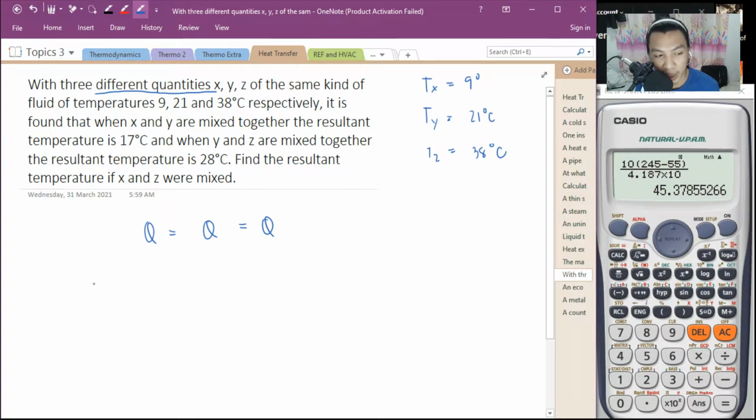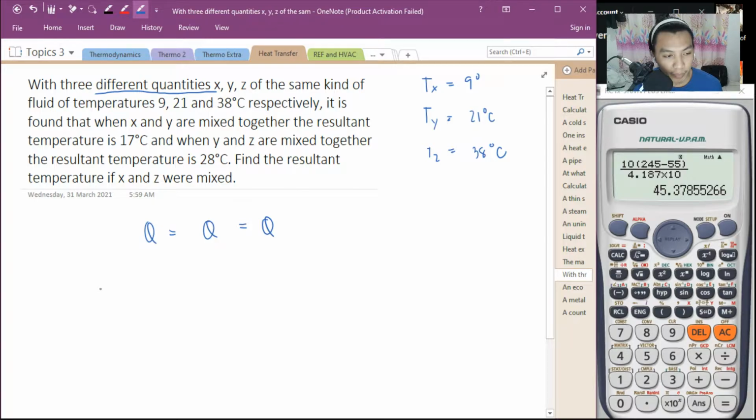So, recall this yung M CP (T1 minus T2) ay equal yan sa, okay, gawin na nating XYZ. Sabi dito that it is found that when X and Y are mixed together, the resultant temperature is 17. That is the resulting temperature.